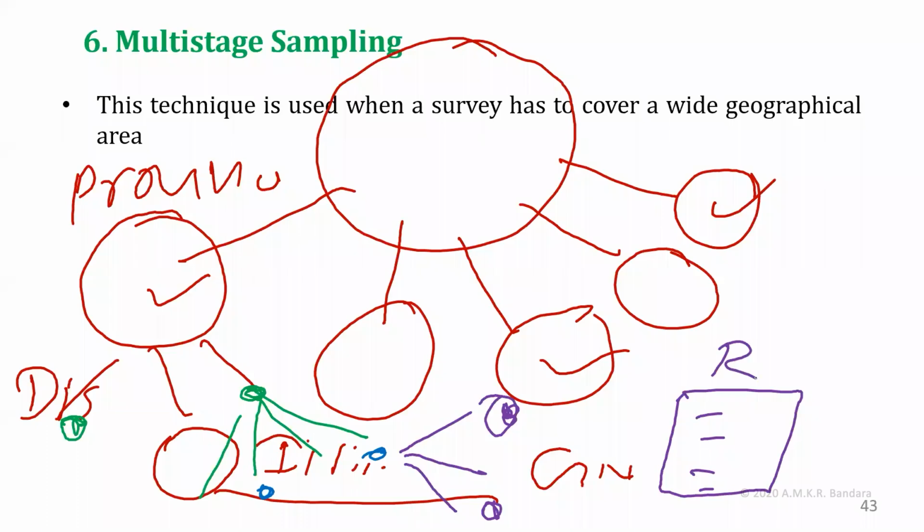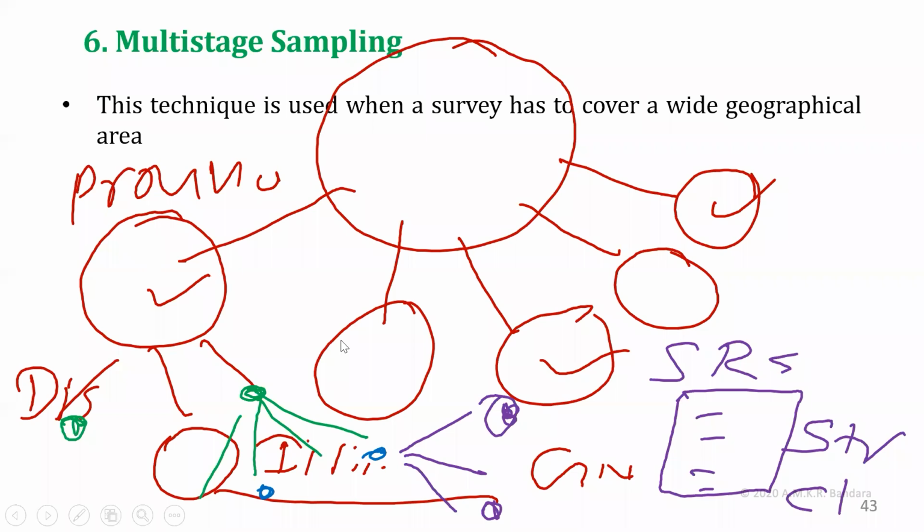Random technique or simple random sampling, or stratified random sampling, or cluster sampling. Using any method, you can select the individual at the last level. So here you can see we have selected this sample at the last level in several stages.